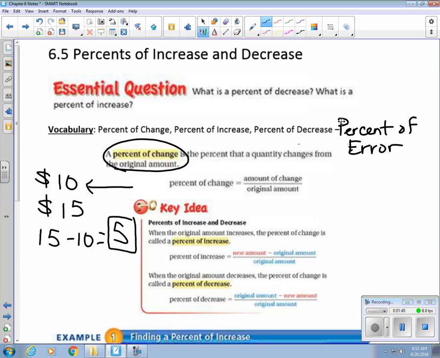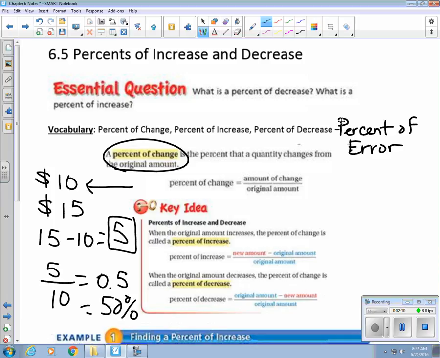All right? And how do we figure out what 5 out of 10 is as a percent? $5 is the amount of change out of the original amount, out of $10. So it's 5 over 10, and we would turn that into a decimal, which would be 0.5, and then we would change that into a percent. Well, 0.5, we all know, is worth 50%.